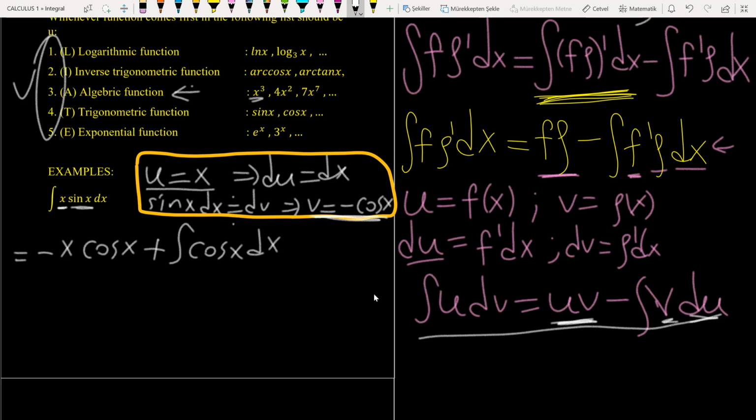This is equal to minus x cosine x plus, since the antiderivative of cosine x is sine x, plus sine x plus a constant. Since it is an indefinite integral, we must have a constant. This is the first example, the easy one.